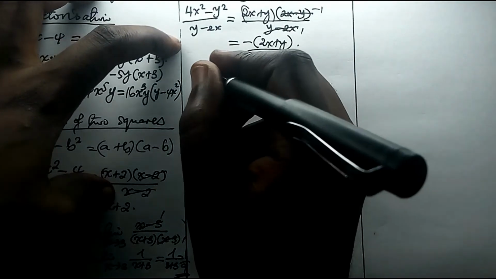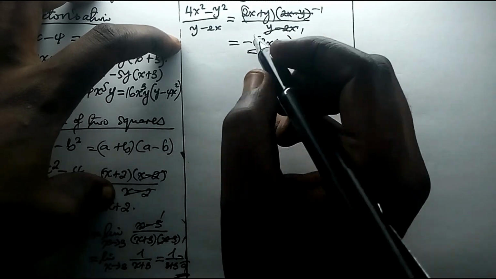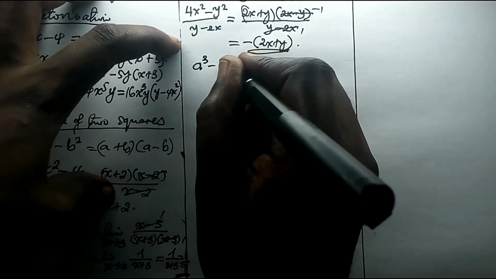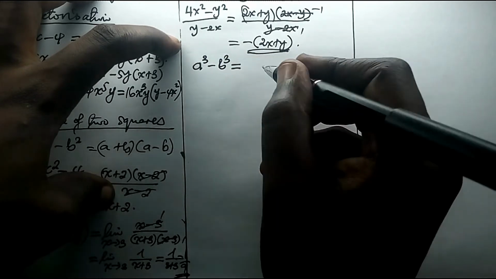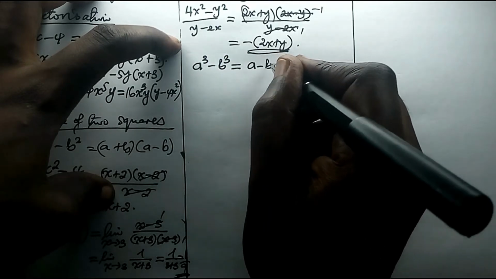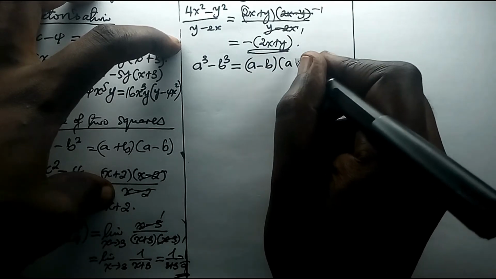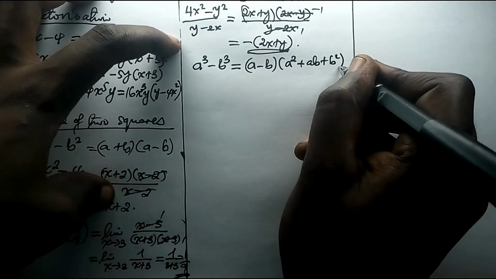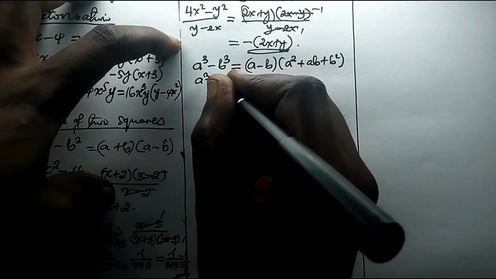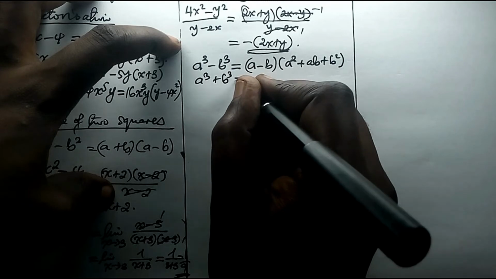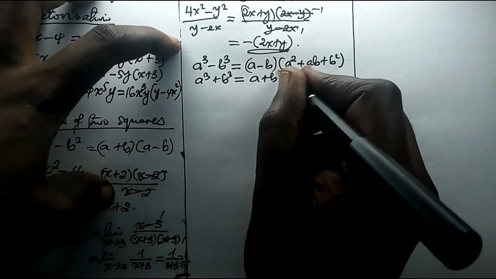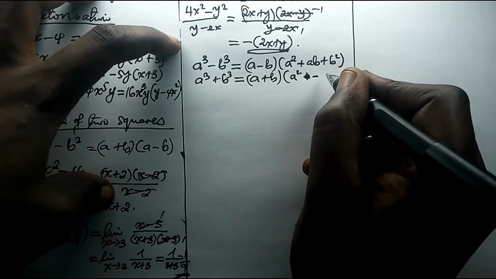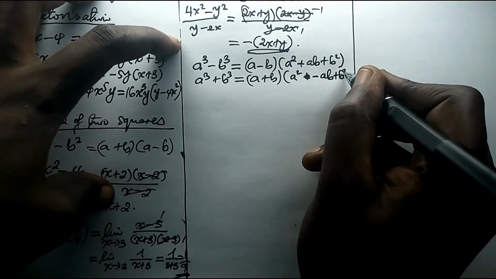We also have the sum and difference of two cubes. For the difference, a cubed minus b cubed equals a minus b into a squared plus ab plus b squared. A cubed plus b cubed, sum of two cubes, is a plus b into a squared minus ab plus b squared.